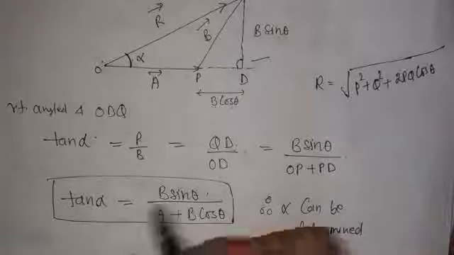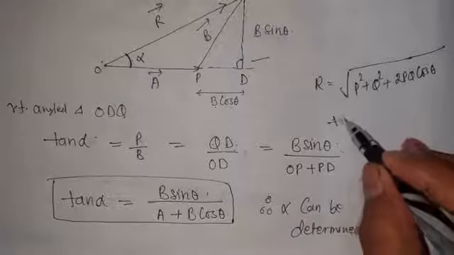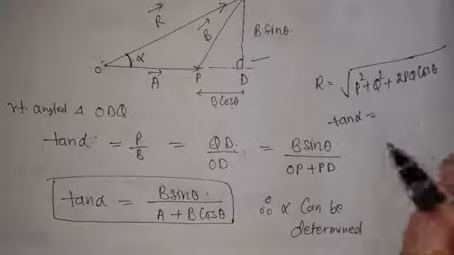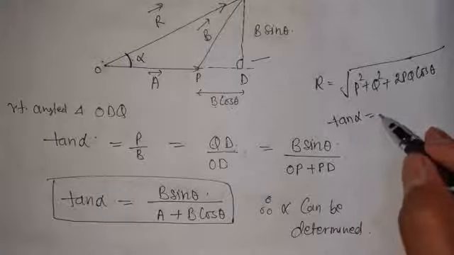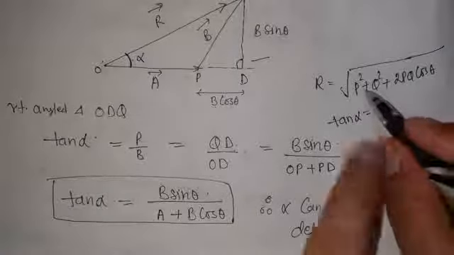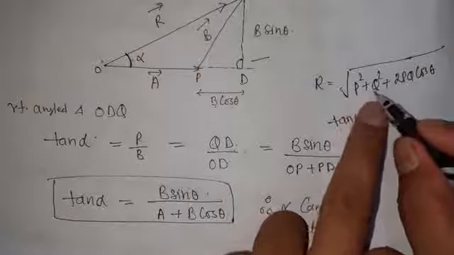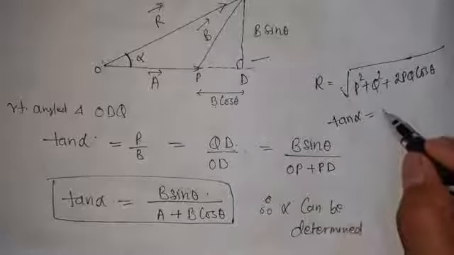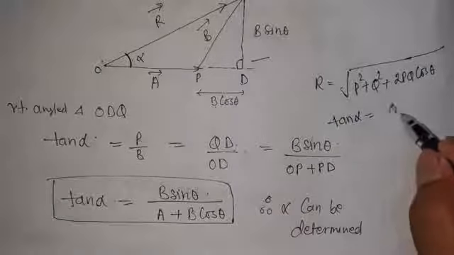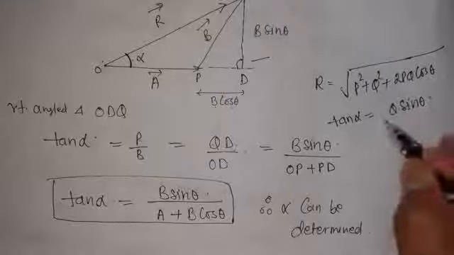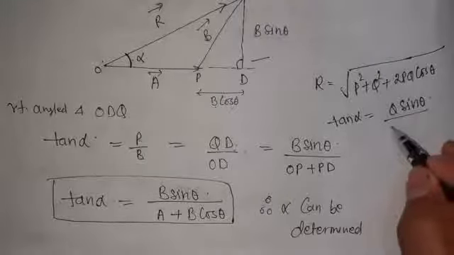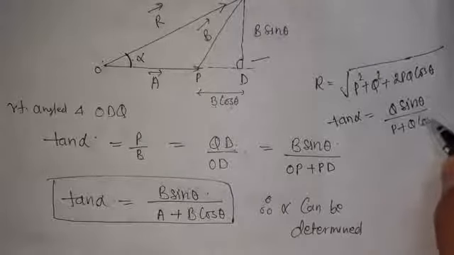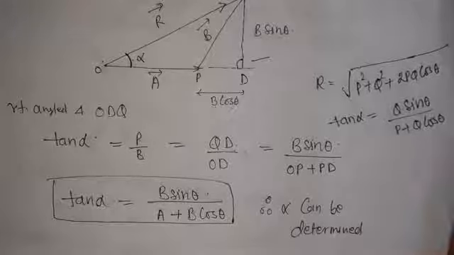And how do we find this direction? The direction of this resultant will be given by tan alpha, which is equal to, if I have P and Q as the two vectors, Q sin theta by P plus Q cos theta. Okay, this will come over there.